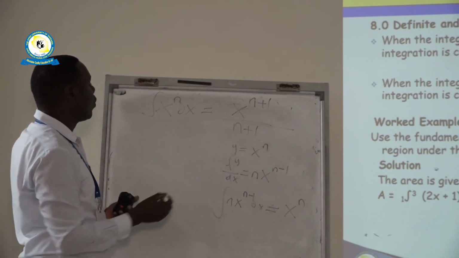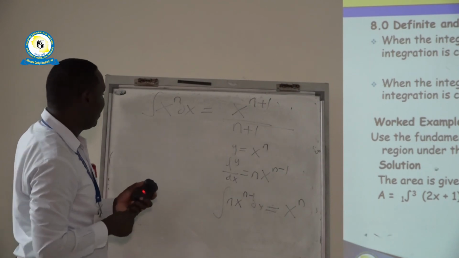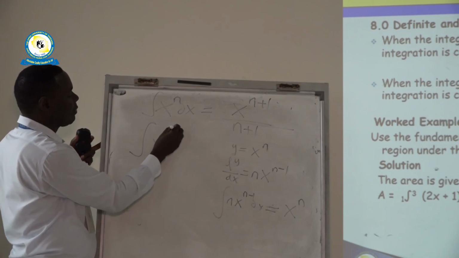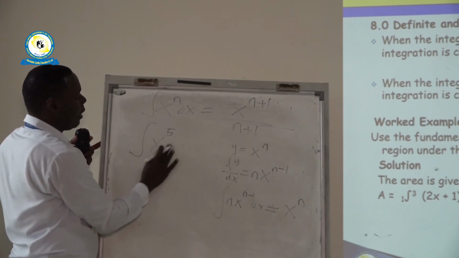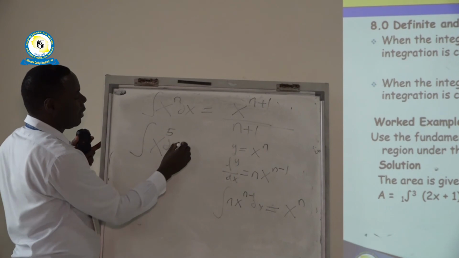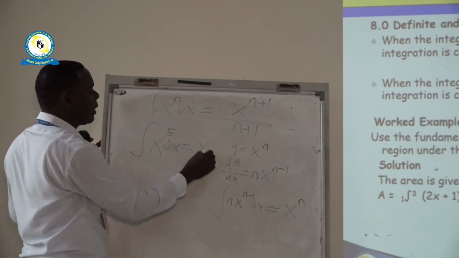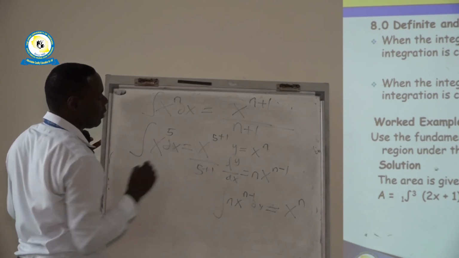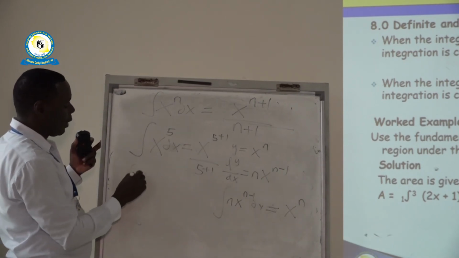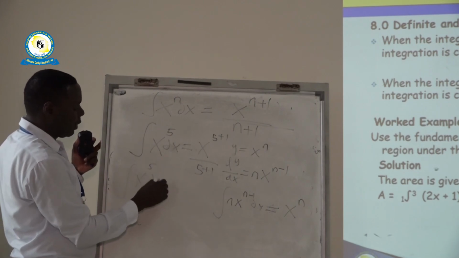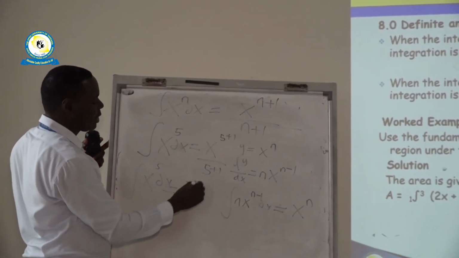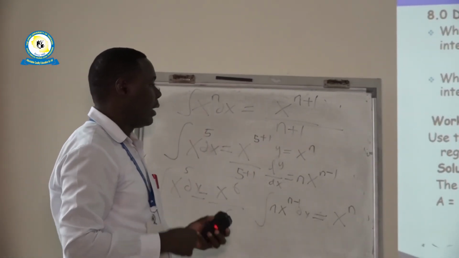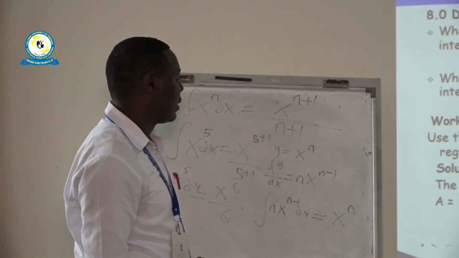This is how you get the answer. So when you have to integrate x exponent 5 dx, the answer will become x exponent 5 plus 1 divided by 5 plus 1. So the integral of x exponent 5 dx will become x exponent 6 divided by 6. That is the part of integration.